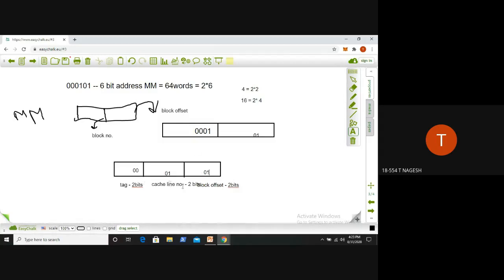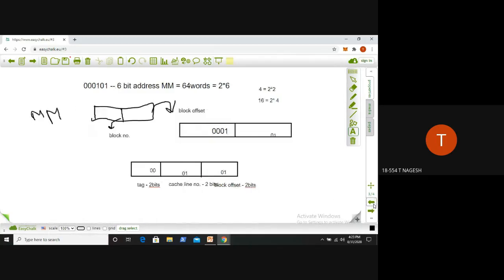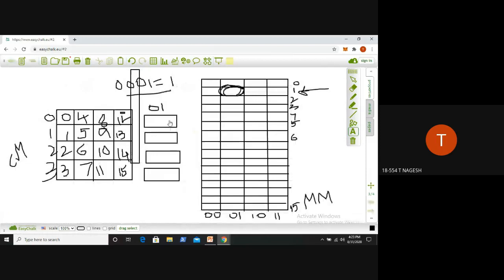Okay, one of the cache lines. Before that, the tag area which I have specified here will have the active block numbers. That means it will have different values like 00 or 01, or here 11, or here something like 01 again.